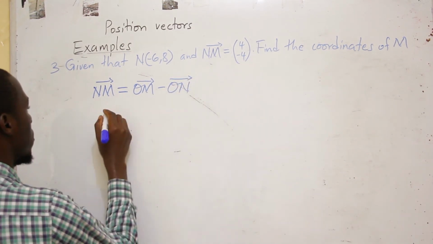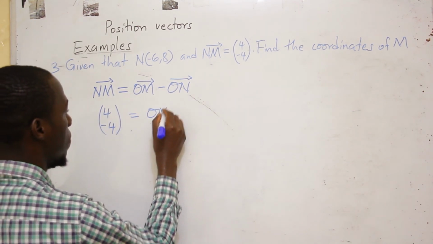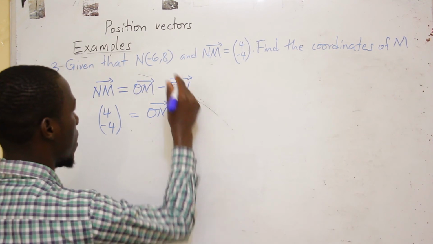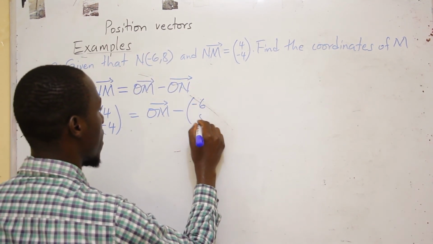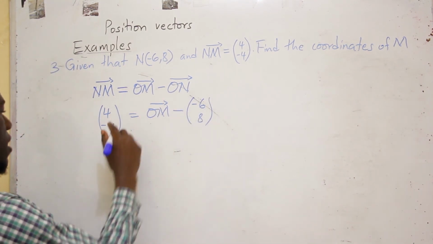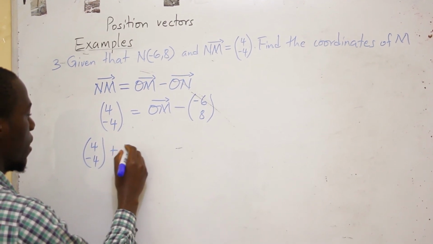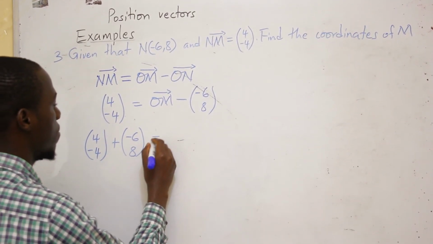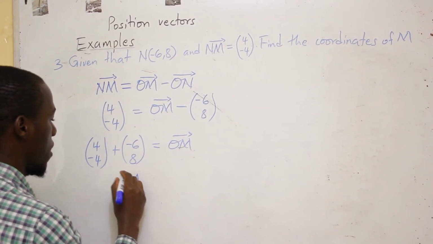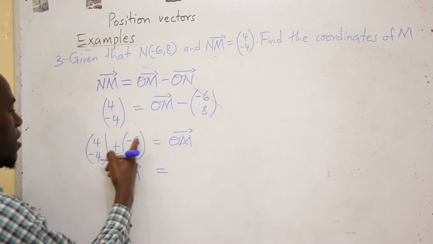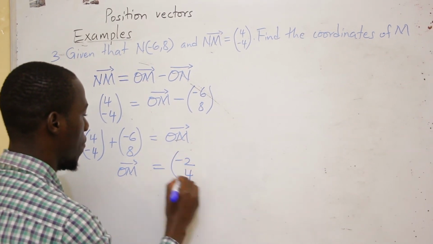So I substitute the 4, negative 4 is equal to OM, the one I don't have, then minus this one here, which I write as negative 6, 8. Then I take it to the other side, so this is 4, negative 4, then plus negative 6, 8 to give me my vector OM. So the OM finally becomes, when I add here, I get negative 2. When I add down there, I get a 4.